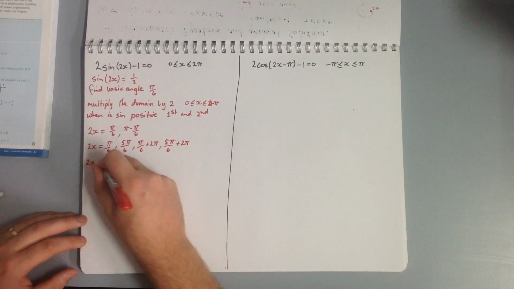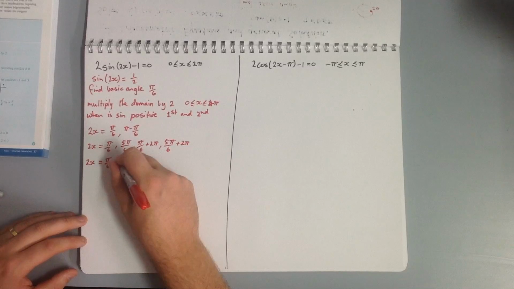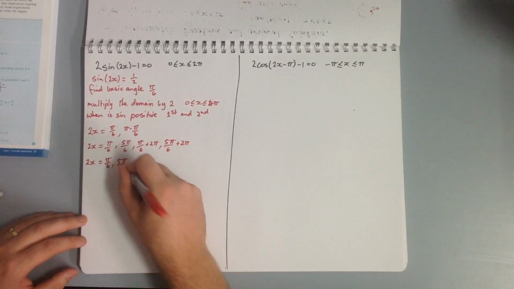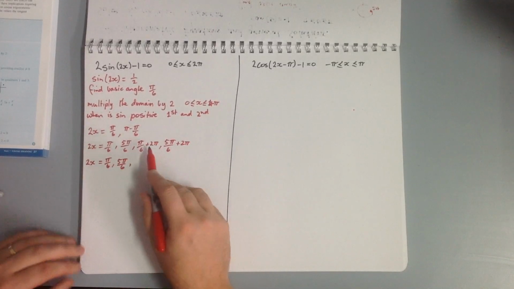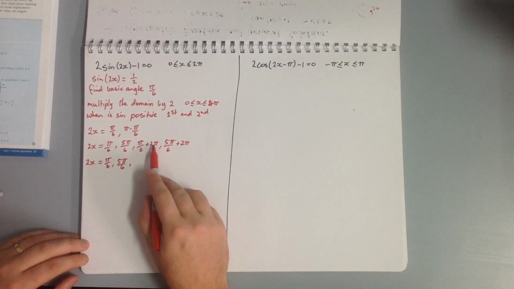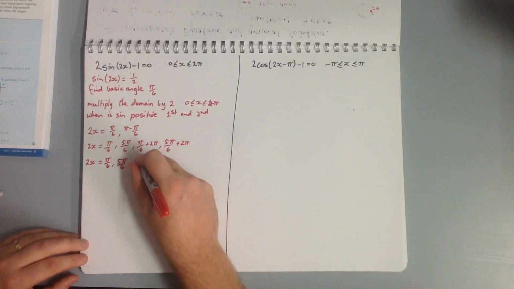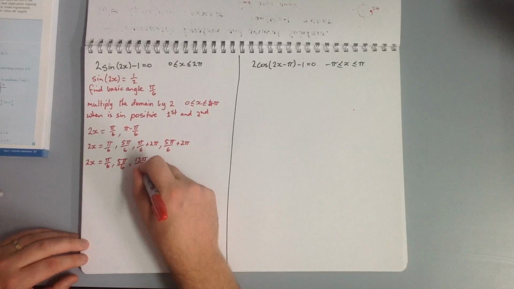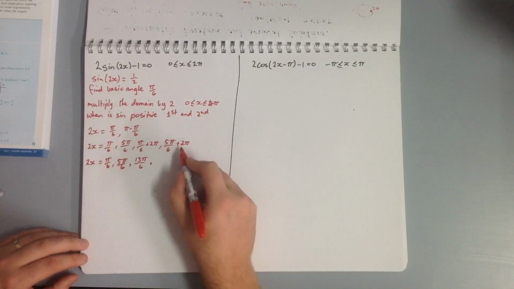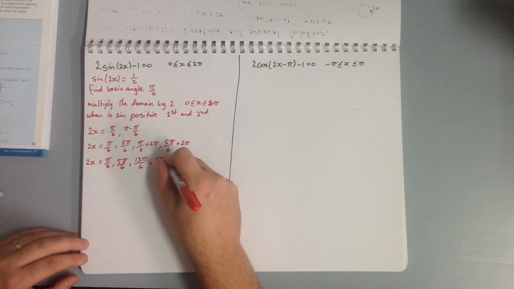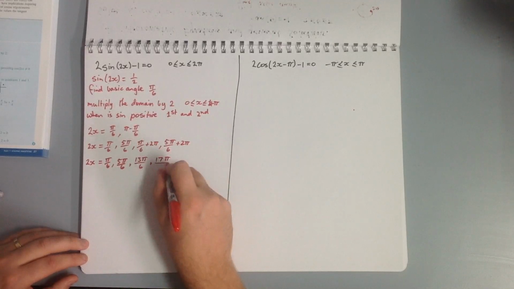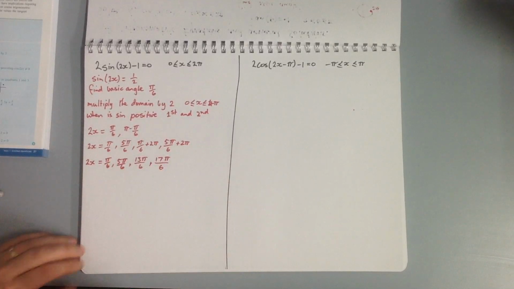So then we have 2x equals pi on 6, 5 pi on 6. This would be 12 pi on 6, so that's going to become 13 pi on 6. And again this will be 12 pi on 6, so it's going to become 17 pi on 6. And we're almost there.